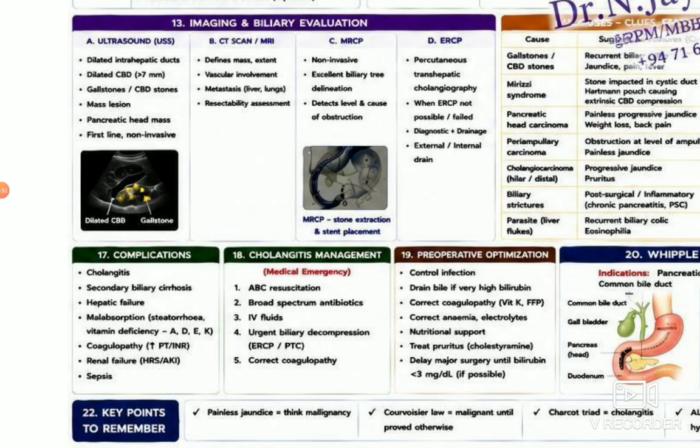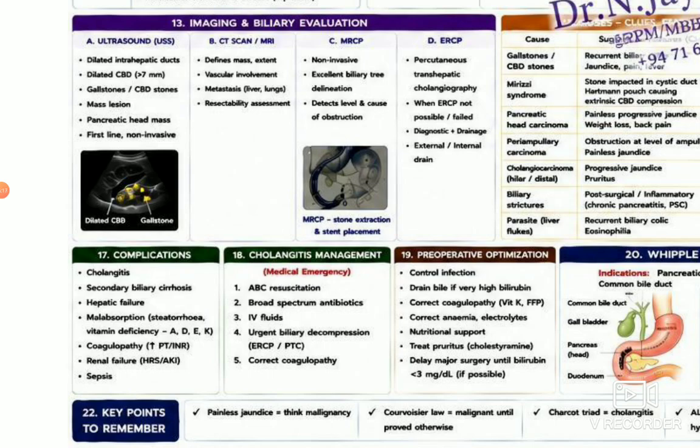Most important step. Definitive treatment is relieving the obstruction. This is the most important step, because as long as the obstruction remains, infection cannot fully resolve.